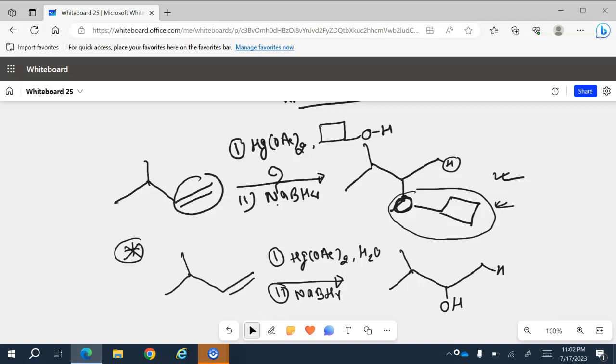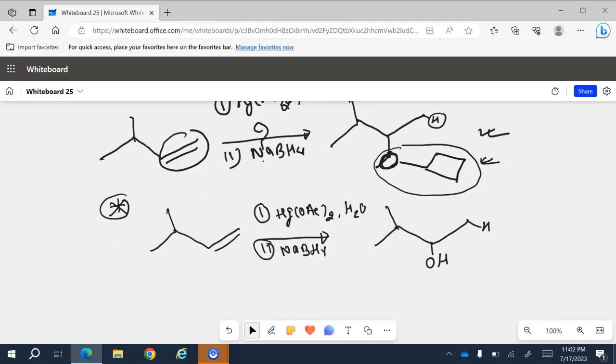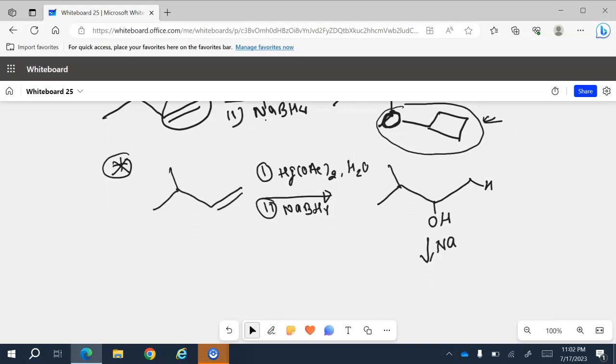Now our interest is to get this kind of ether. So what we need to do is deprotonate that, say for example using sodium or potassium or sodium hydride, the Williamson synthesis that we discussed before. That will result in the formation of alkoxide, sodium alkoxide.